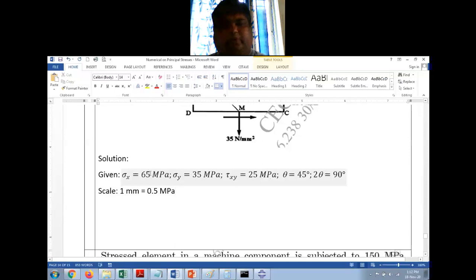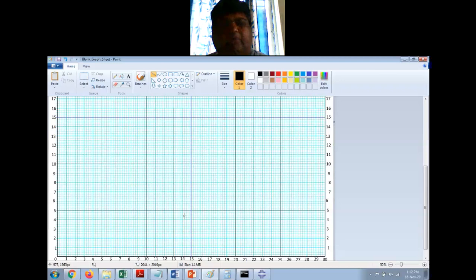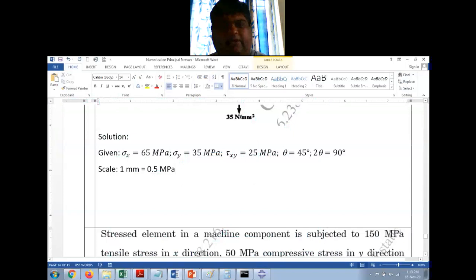This difference is 40, so 40 and 25, root of that, should be around 50 or 60 millimeters, not more than that, right? So why I'm doing this: to estimate where to draw the Mohr circle diagram. To be on the safer side, I will draw it in the middle of the drawing sheet.